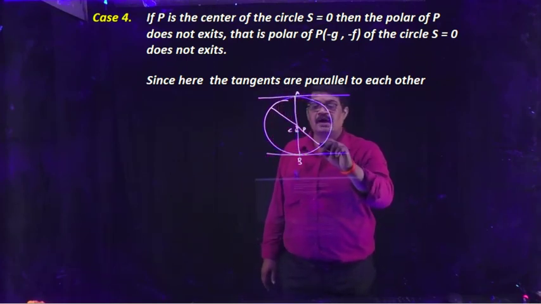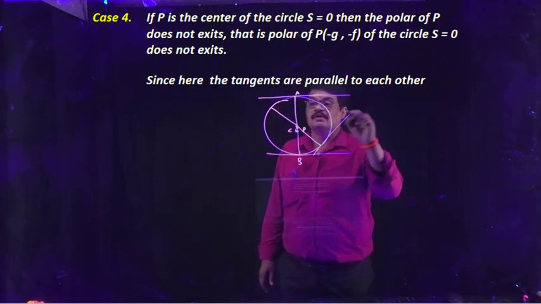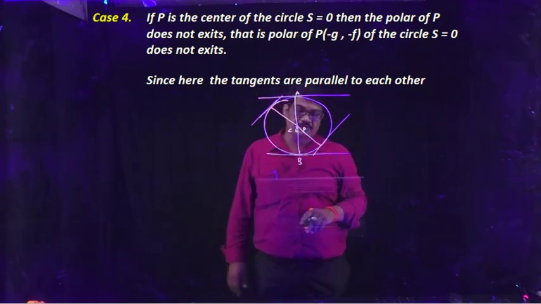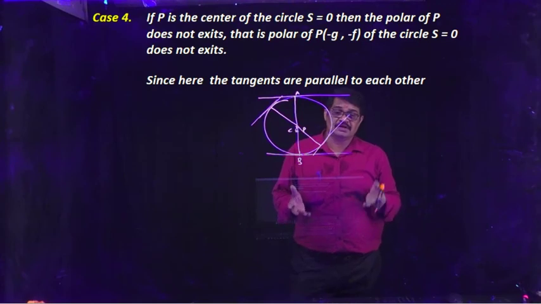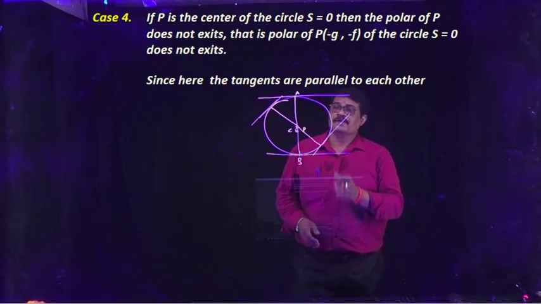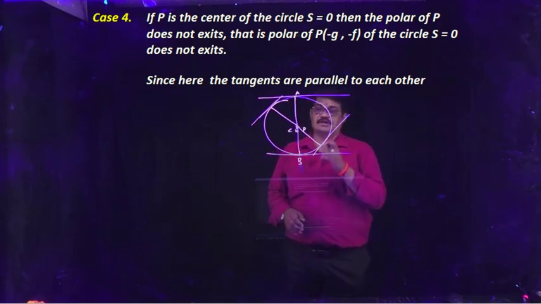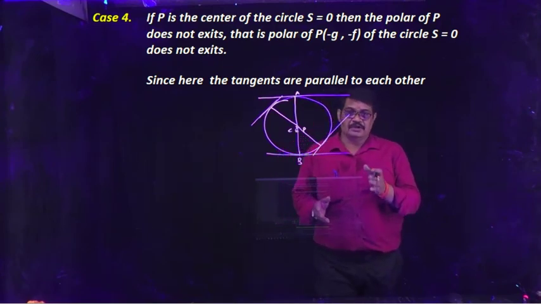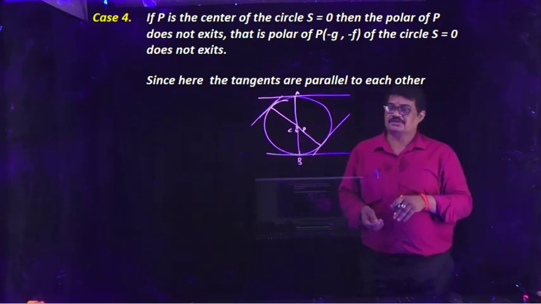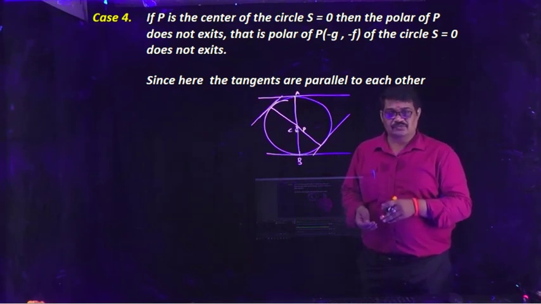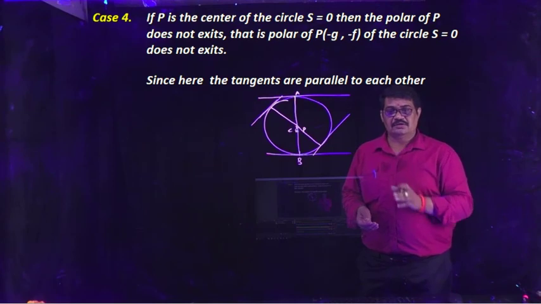At the diameter, the tangents are parallel to each other. So these tangents are not intersecting. The tangents drawn at the points of intersection of the secant through capital P are parallel. So there is no point of intersection of the tangents. In this case, the polar does not exist.